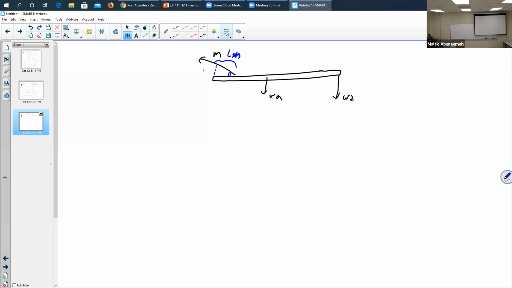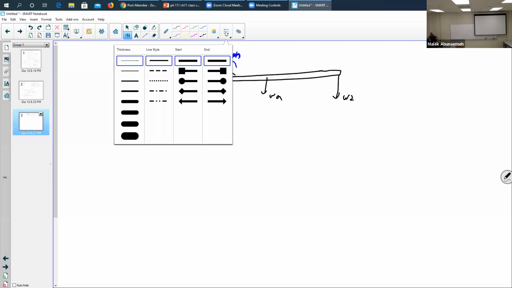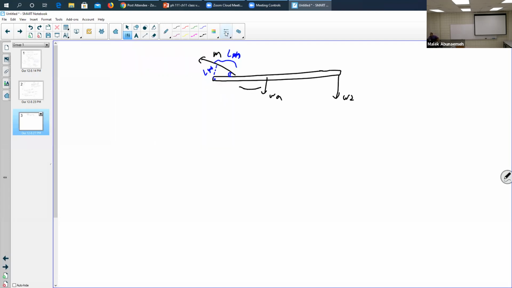So here's your LM, the muscle force that's going in with the torque. Now again, your pivot point is over here. So this is gonna be your LA, and the whole thing from over here to the end, that's gonna be your LD.